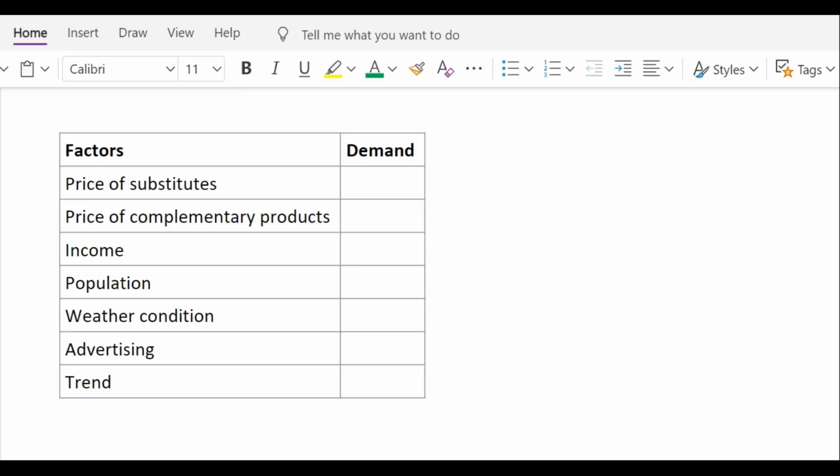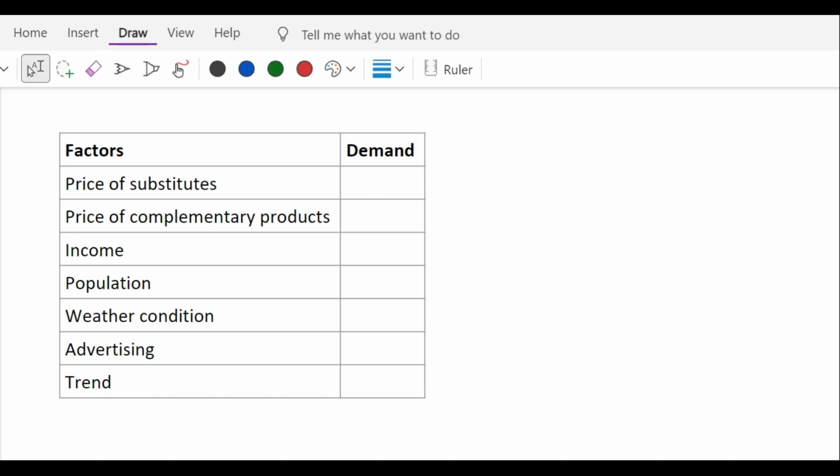Alright, I have listed out some factors that might affect demand. So the first one is price of substitutes. Substitutes are products that can be used in place of another product. For example, let's say tea and coffee.